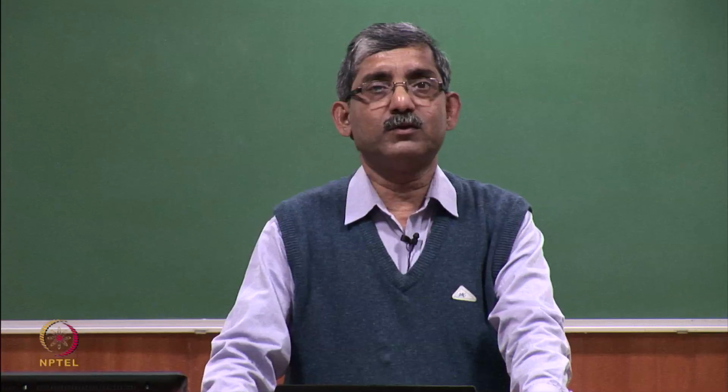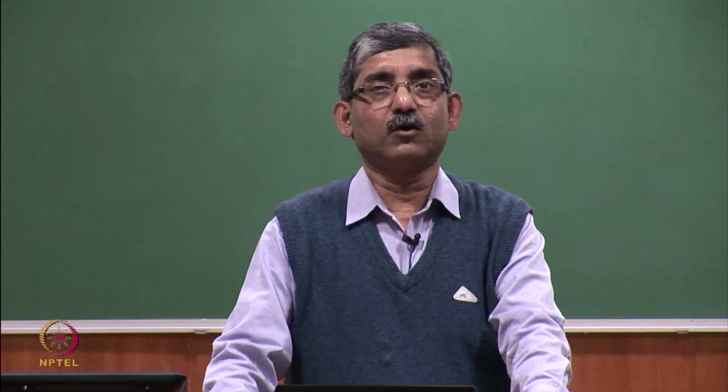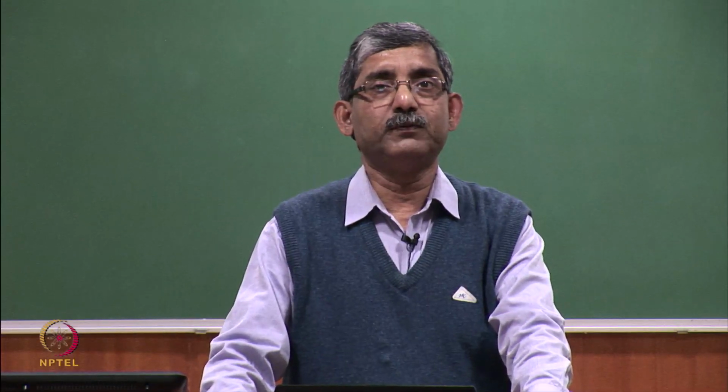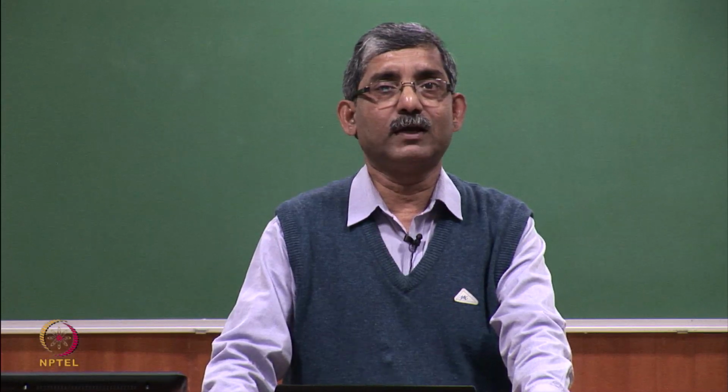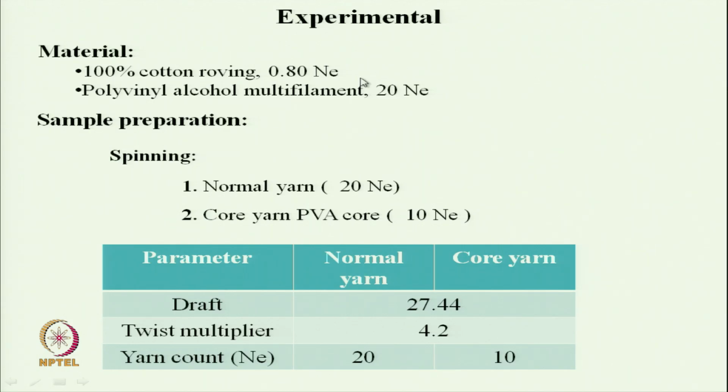The materials used were 100% cotton roving and PVA multifilament yarn, with 20 English count. In the ring spinning process, the core spun yarns were produced with the twist multiplier 4.2 and two yarn counts were produced, 20s count and core yarn 10s count.